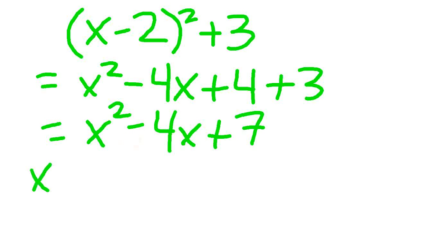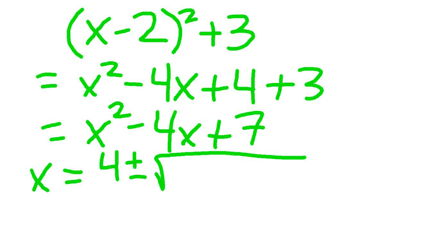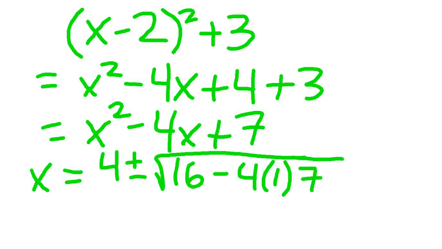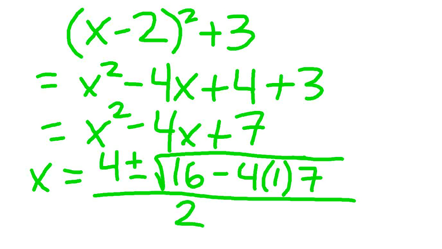So here's the quadratic formula. x equals the opposite of b, which would be 4, plus or minus the square root of b squared, which is 16, minus 4 times a, which is 1, times c, 7. Okay, over 2a. And a is just 1, so we get 2.